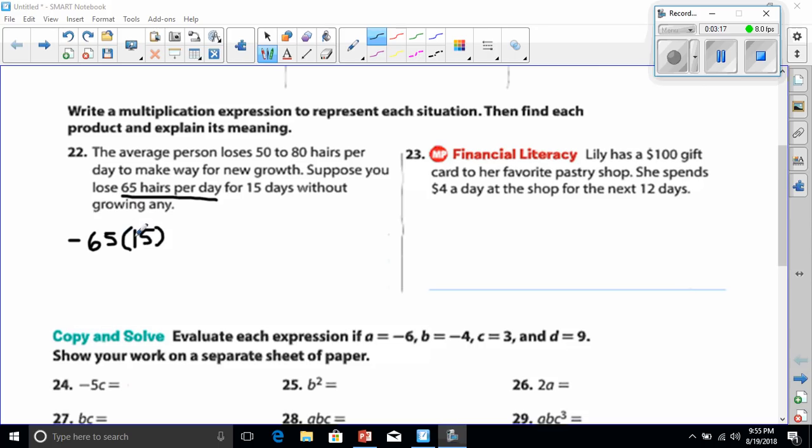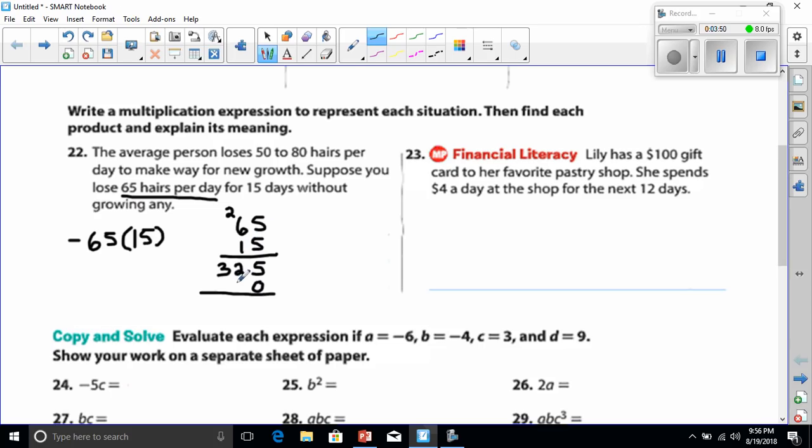Well, if we take these two numbers here, 65 times 15, 5 times 5 is going to be 25. 6 times 5 would be 30, plus 2 makes 32. And now we have to remember we got to take this 1 and multiply it to 65 as well, but not before we place a 0 there.